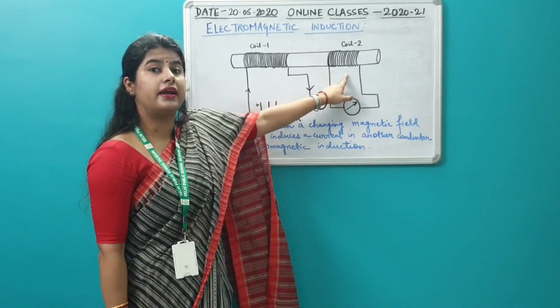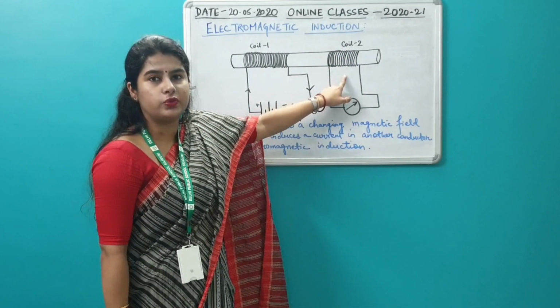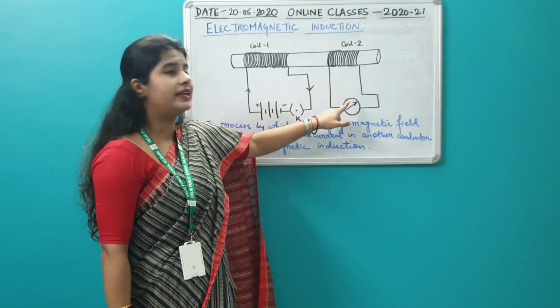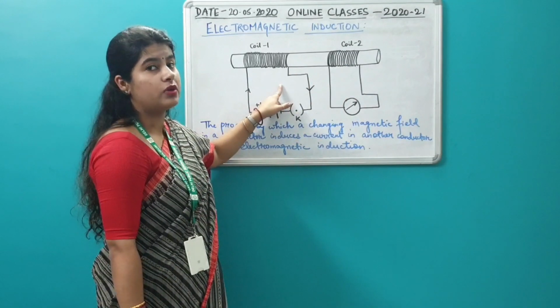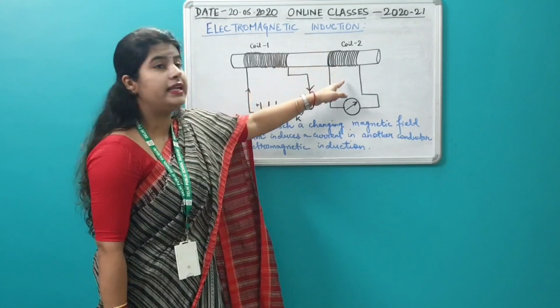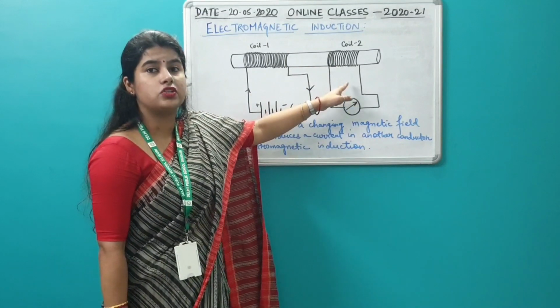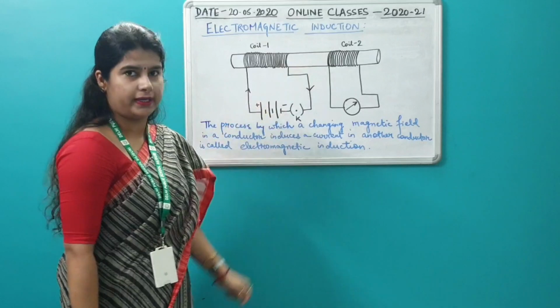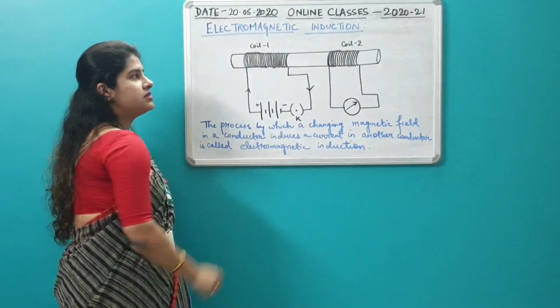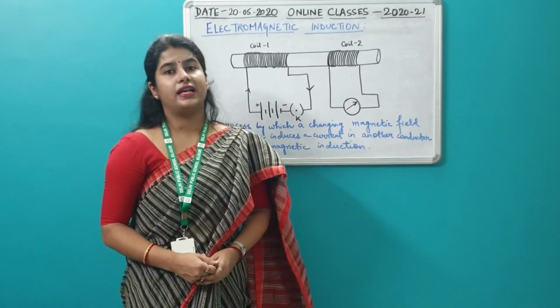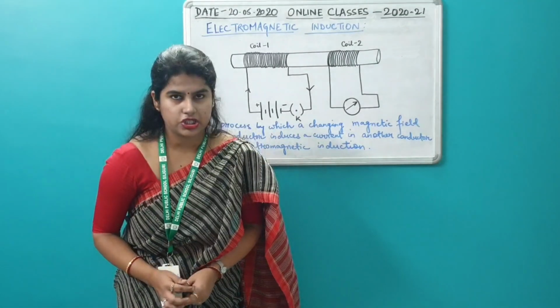The induced current is actually in coil 2, because coil 2 is not connected to any source of current. Only coil 1 is connected to a source of current. So there is an induced current in coil 2 because of the magnetic field due to coil 1. So it induces a current in another conductor, and this process is known as electromagnetic induction.